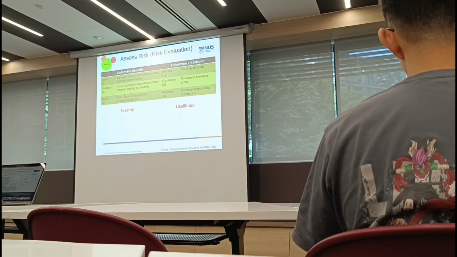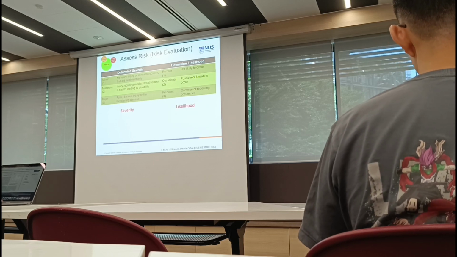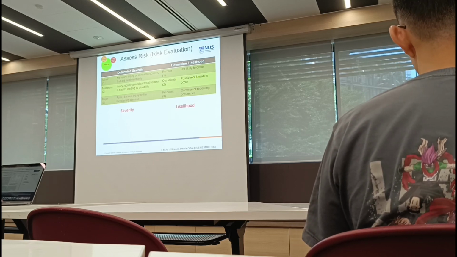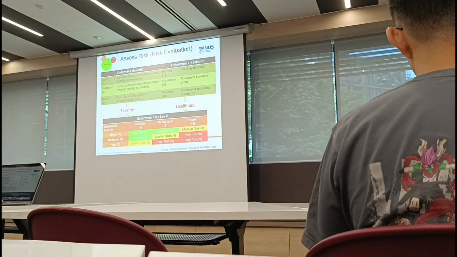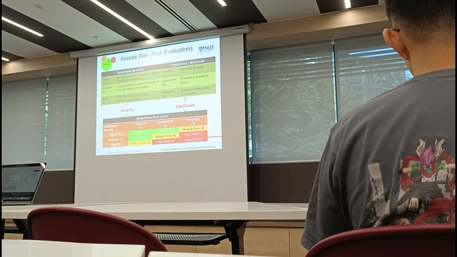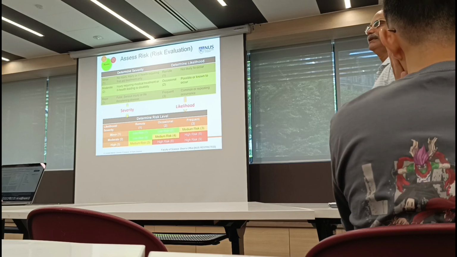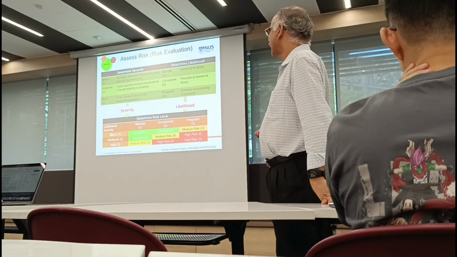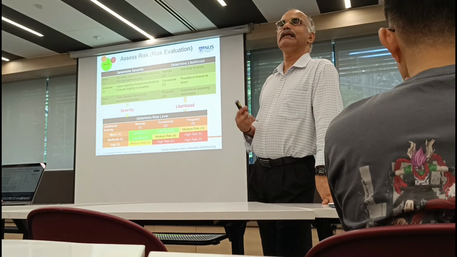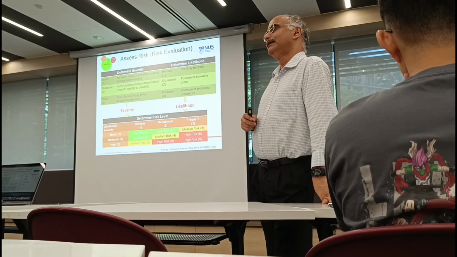Determine severity: no injury, and so on, minor. This one we already talked about, likelihood, etc., right? And then you always look at this green level. Different people have different scales. In NUS, we look at 3 by 3. The 9 is the top score.